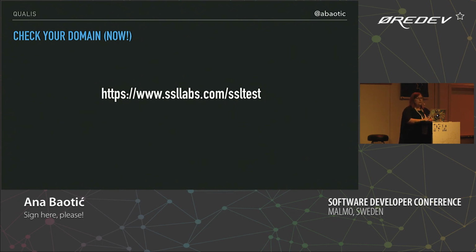Basically, it gives you a grade for your website. It can be A+, which is really, really high grade, or it can tell you that there's something horribly wrong. But as Android developers, you get an extra benefit there because you get a list of APIs on Android that will be able to connect to your website. For instance, if some ciphers are used, or if something is not supported, that's the way to check the whole thing.